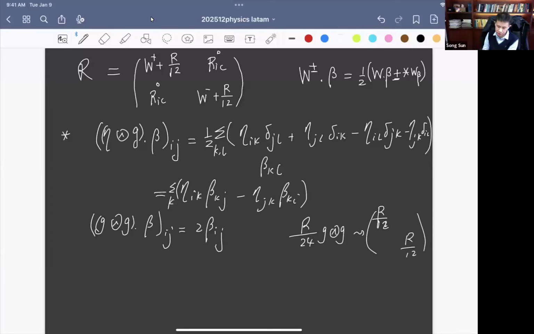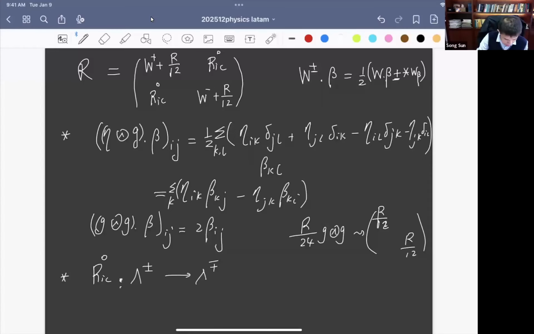Okay, this part is easy to understand. And then we want to say that the traceless Ricci swaps the self-dual 2-forms and the anti-self-dual 2-forms. Traceless Ricci maps Λ⁺ to Λ⁻ and Λ⁻ to Λ⁺.